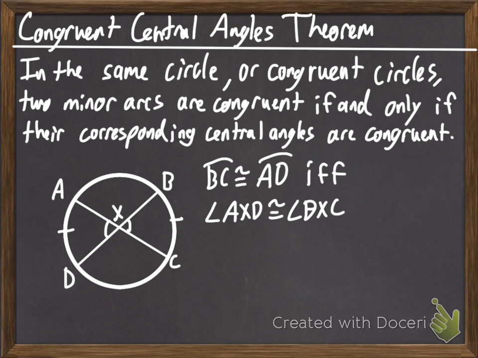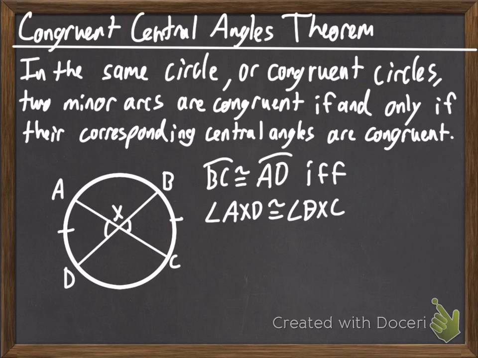Congruent central angles theorem. In the same circle or in congruent circles, two minor arcs are congruent if and only if their corresponding central angles are congruent. So, arc BC is congruent to arc AD if and only if, that's what that IFF means, angle AXD is congruent to angle BXC.